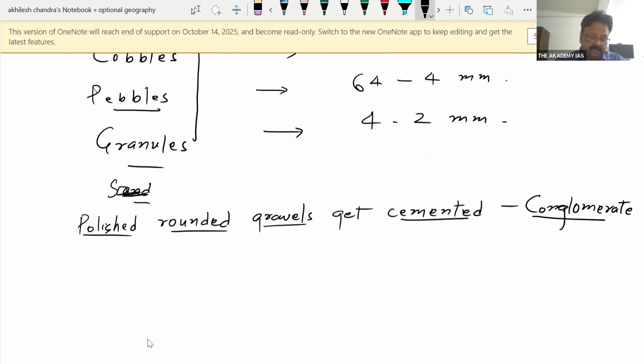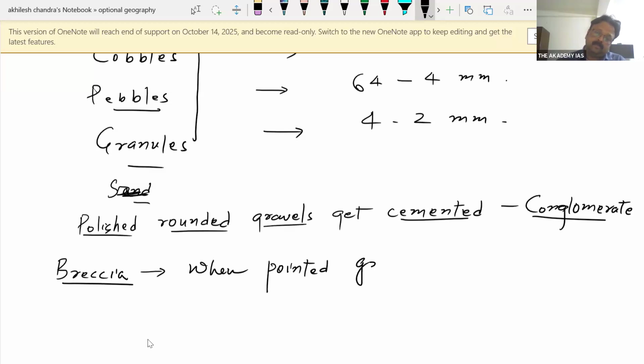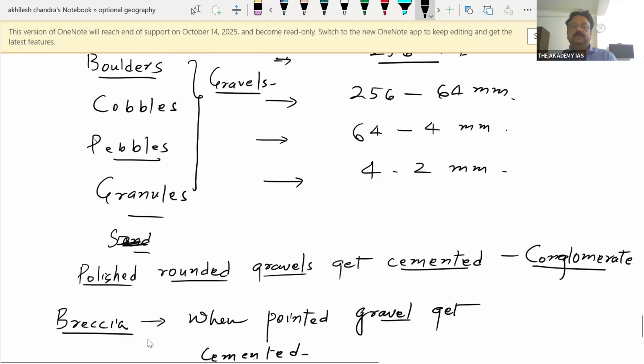But when pointed gravels get cemented, it is called breccia. Okay. So this is what conglomerate is.